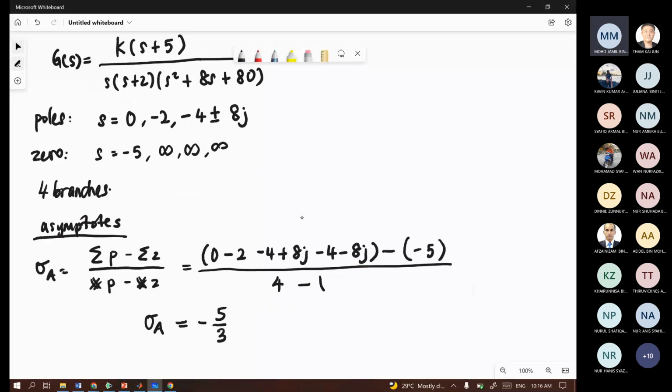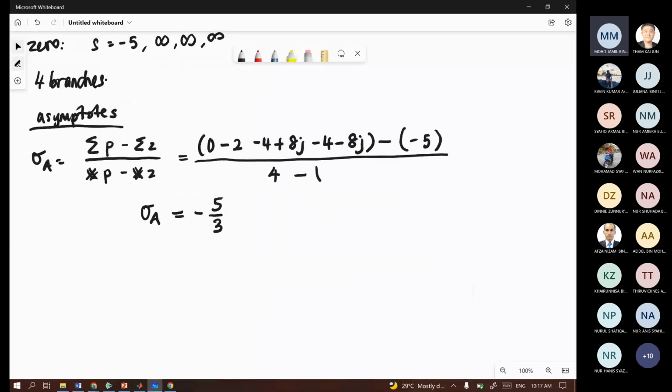And then you can calculate the angle of asymptote using this formula, (2k plus 1) times pi over 3. So we start with k equals 0.